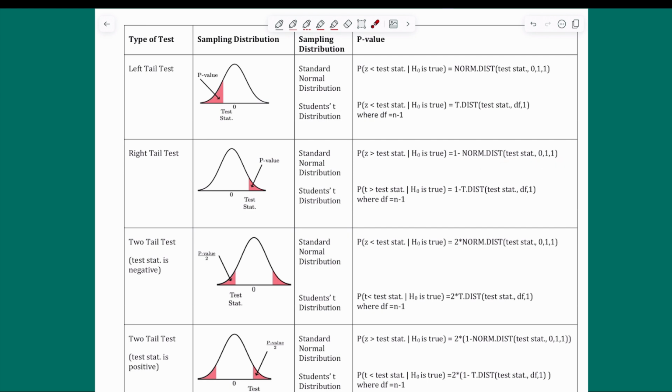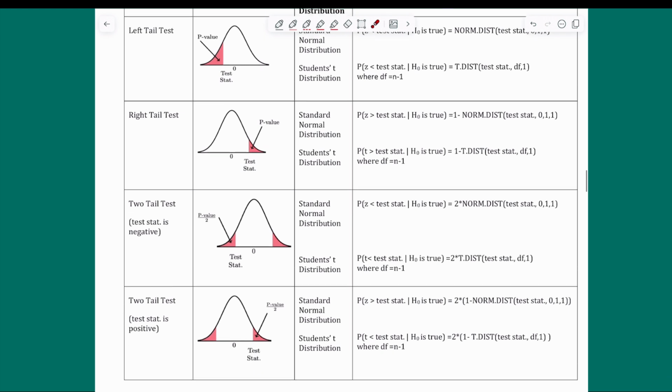If it were the t-distribution, you would type in 1 minus T.DIST, the test stat, the degrees of freedom, and 1. Once again, please note the p-value is a conditional probability. In this case, z or t is greater than the test stat, given that the null hypothesis is true.